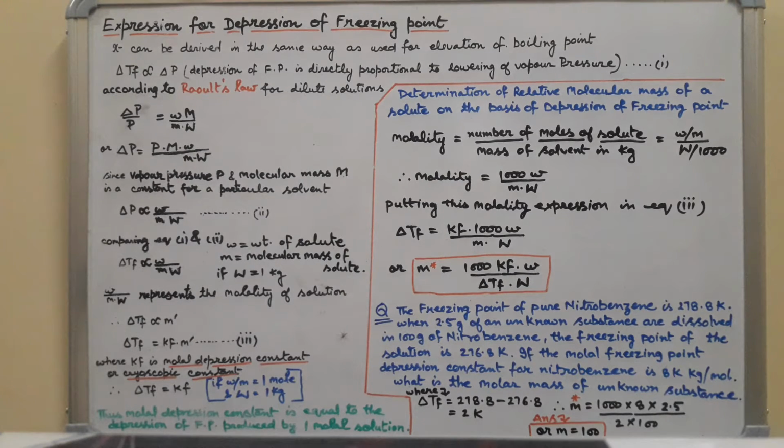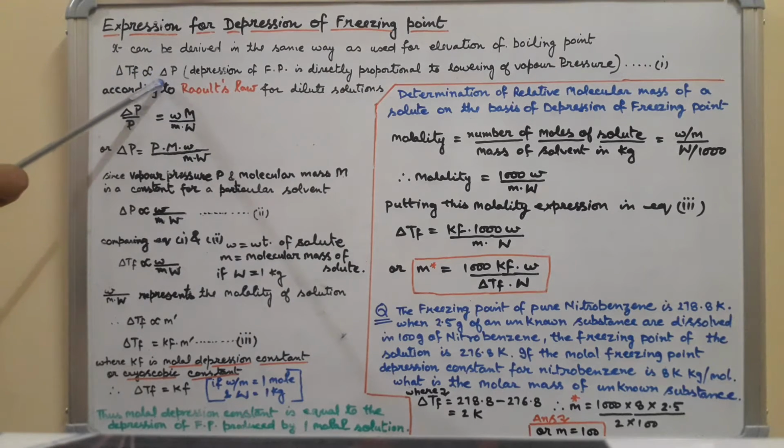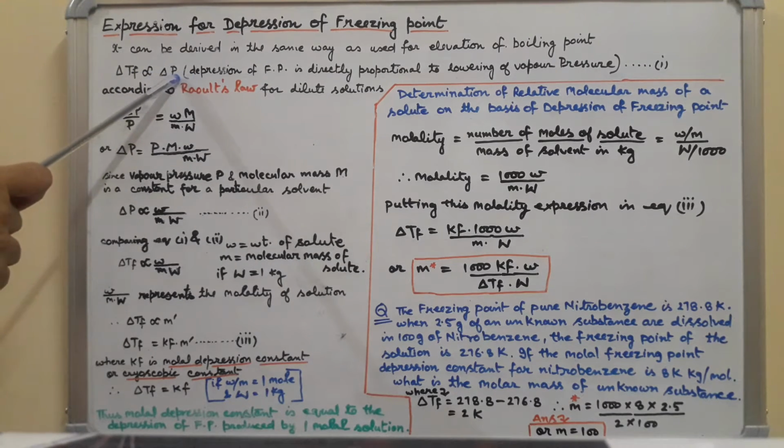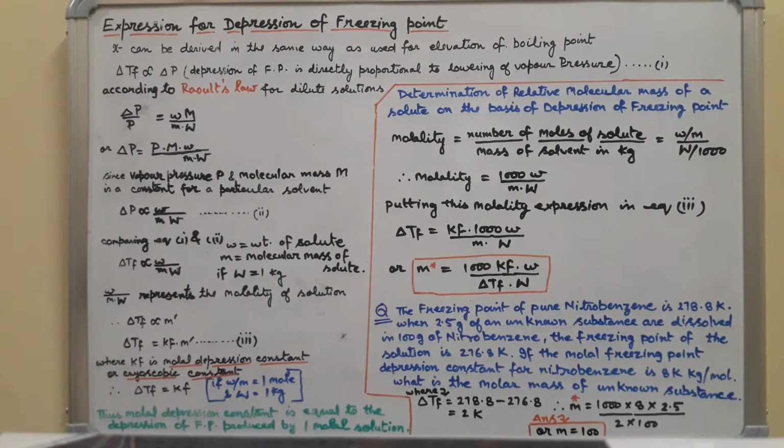That as much solute as we add in a solvent, that much depression of freezing point is observed in the solution. That is, look here, depression in freezing point is directly proportional to the lowering of the vapor pressure.